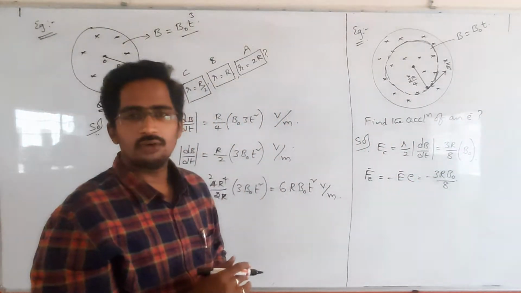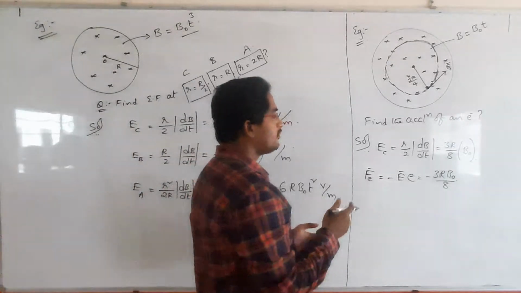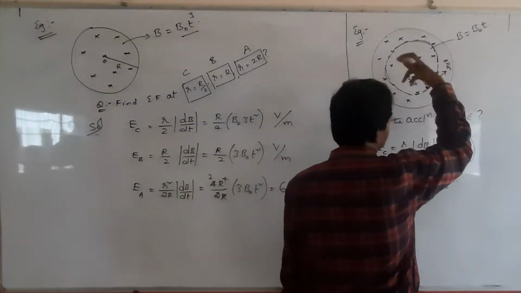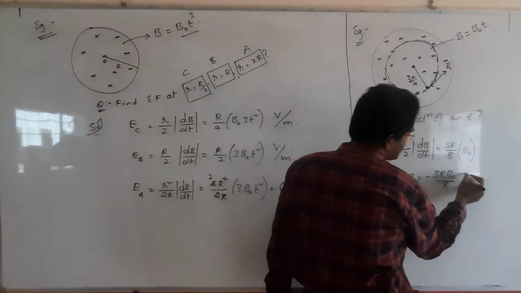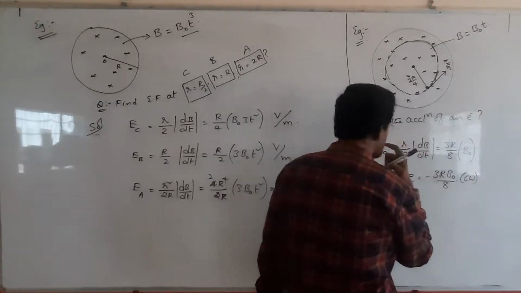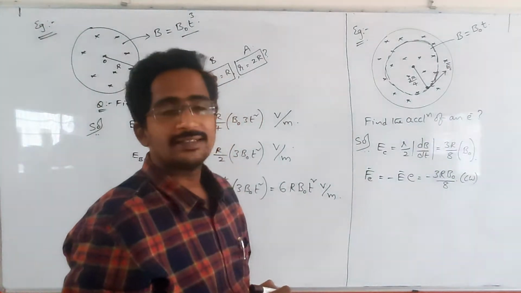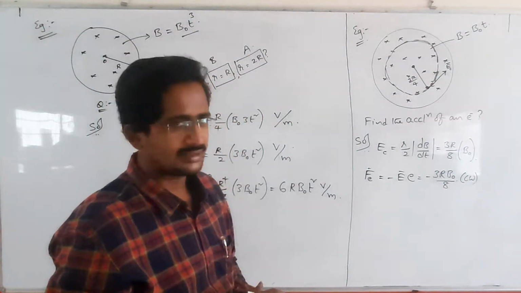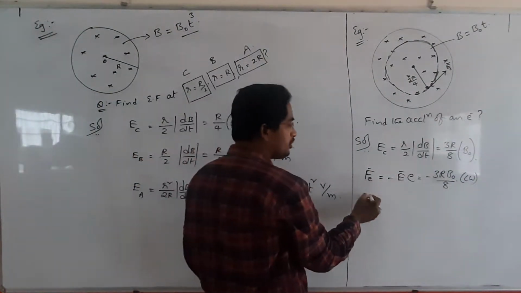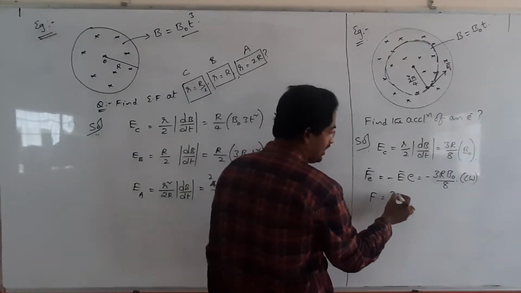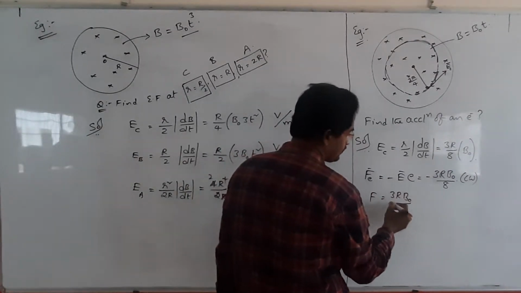But according to Newton's second law, what is the force direction here? It should be in clockwise direction. That is what the minus symbol means. Clockwise. Okay, magnitude of force equal to 3R B naught by 8.